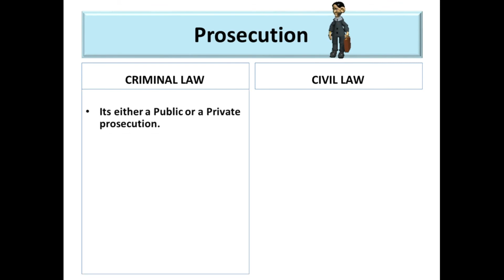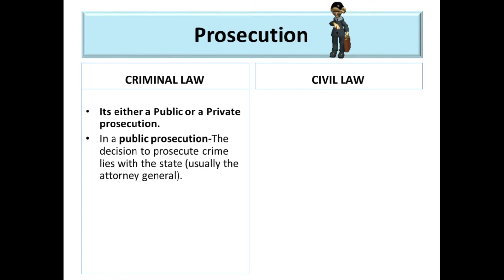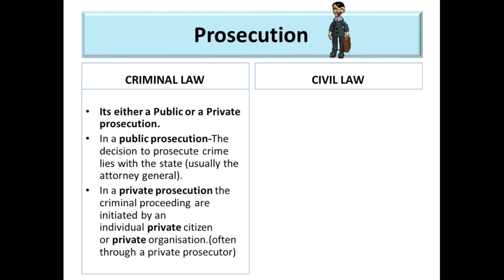In criminal law, it is either a public or a private prosecution. In a public prosecution, the decision to prosecute crime lies with the state, usually the Attorney General. In a private prosecution, the criminal proceedings are initiated by an individual private citizen or private organization, often through a private prosecutor.